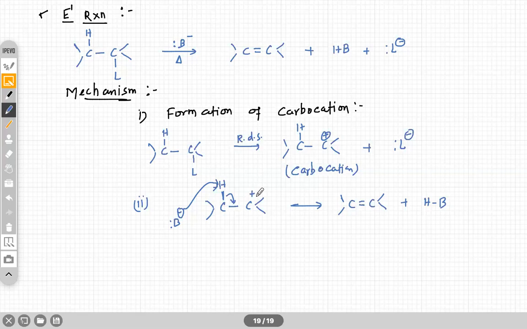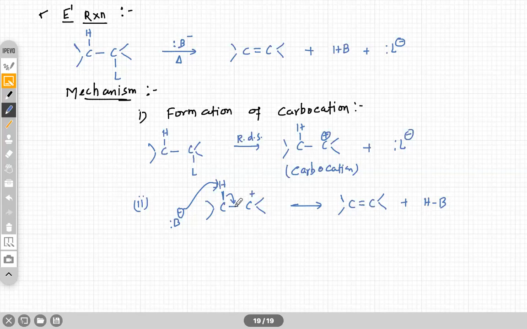So always remember that the base required here should not be that strong. That's why if you compare SN1 and E1 reactions, both are competitive reactions, right? First step is the same only. In the second step, we'll have either elimination of this H plus or the attack of base on the carbocation.